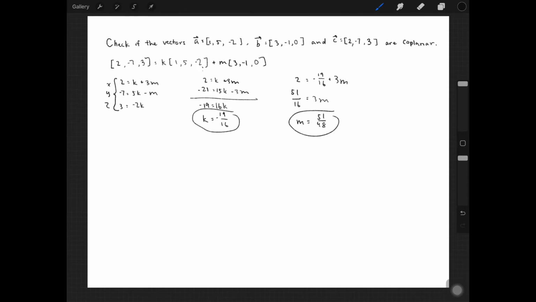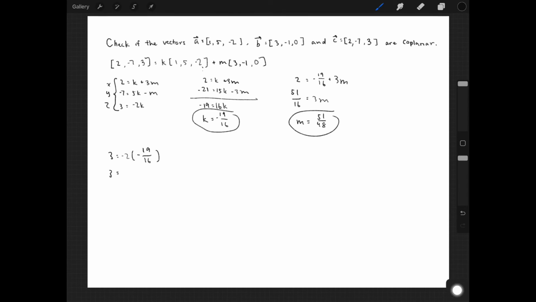Okay, so let's move on. We have to now substitute K and M into the equation that we did not use. And we didn't really need to find M, but I found it anyways because other questions will have you find M. So let's do 3 equals -2 multiplied by -19 over 16.